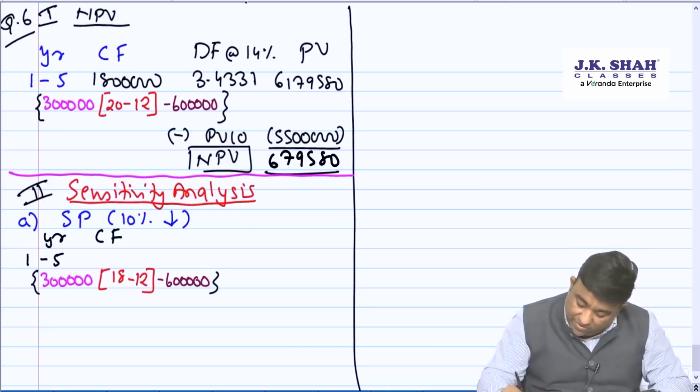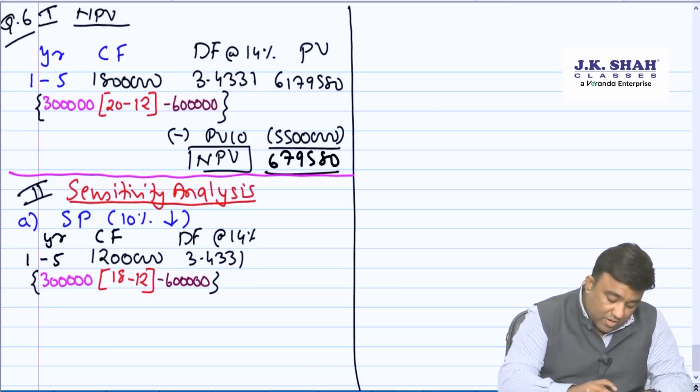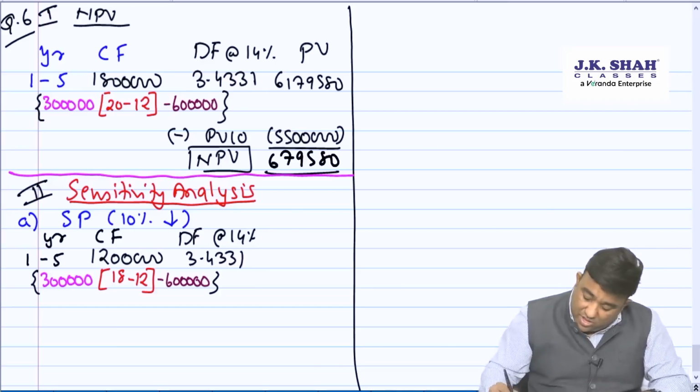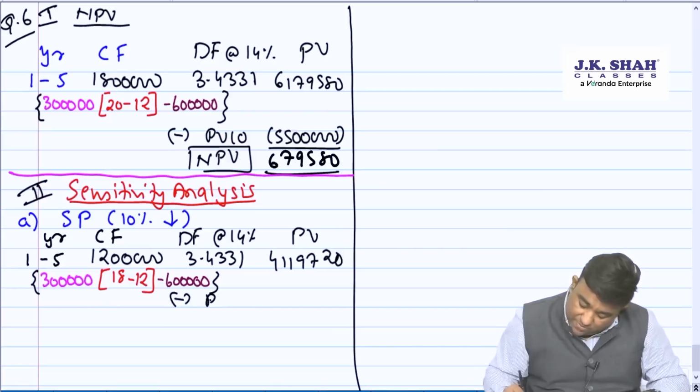This is going to be 12 lakh this time. Obviously, the discounting factor is going to be the same, 14%, that is 3.4331. So 12 lakh into 3.4331. Your present value is ready. That is 4119720 minus PVCO, that is 55 lakh.